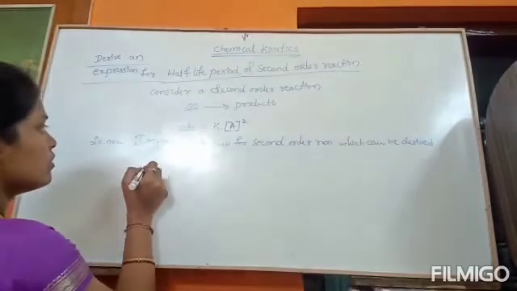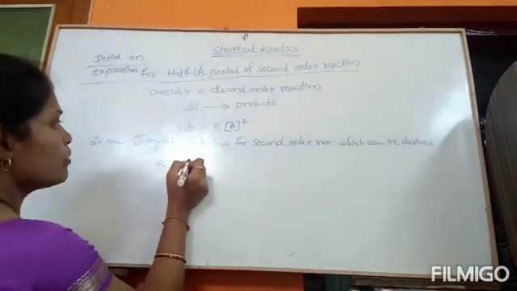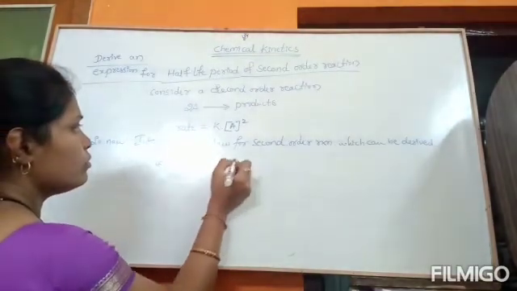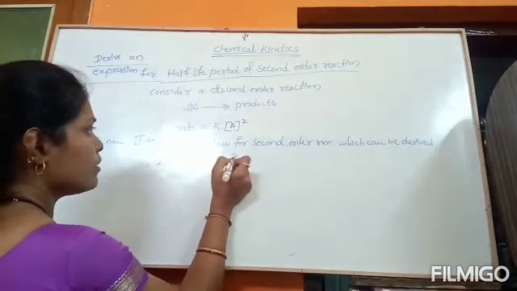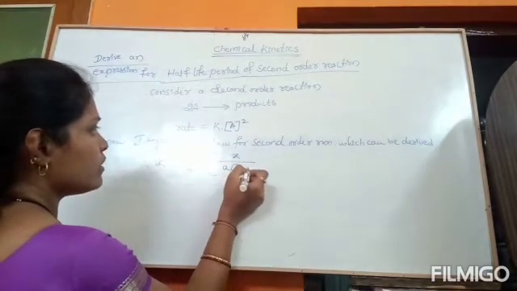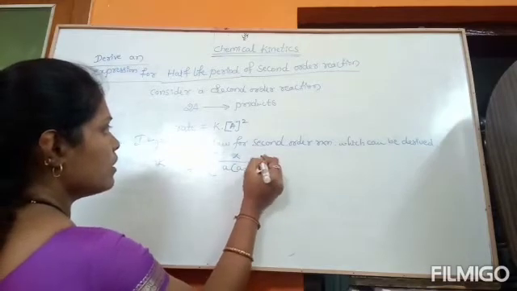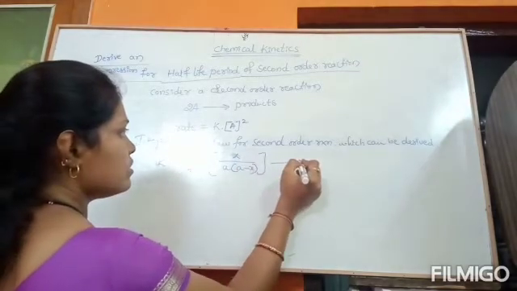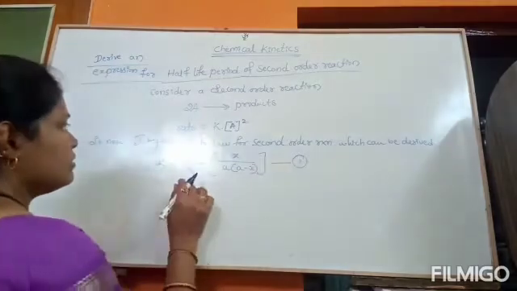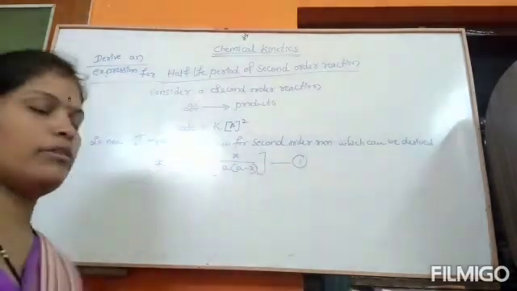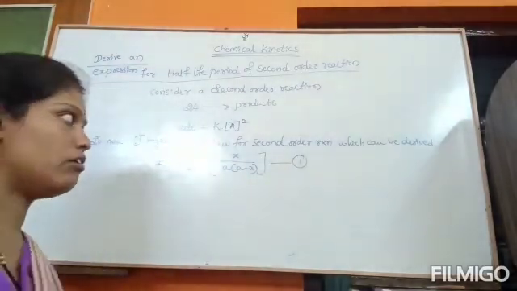Therefore K is equal to 1 by t into x divided by a into (a minus x). This equation is taken as equation 1. This equation is also called the integrated rate equation for second order reaction.